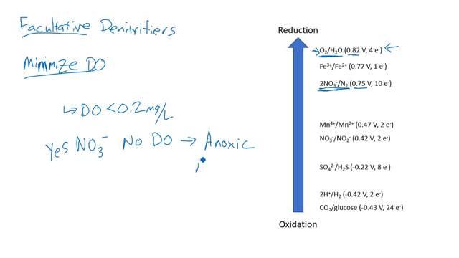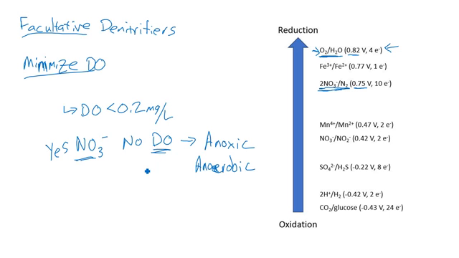They would call that an anaerobic reactor. So when you hear an engineer talk about an anoxic reactor, they're referring to a reactor that has nitrate but does not have dissolved oxygen. Okay, so one factor is dissolved oxygen that we want to minimize for denitrification.